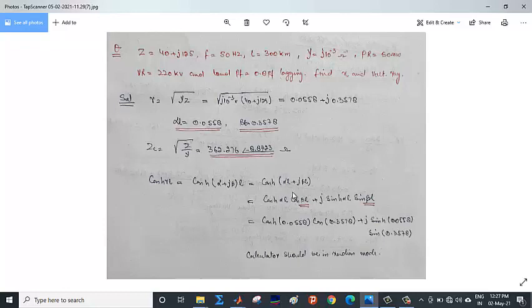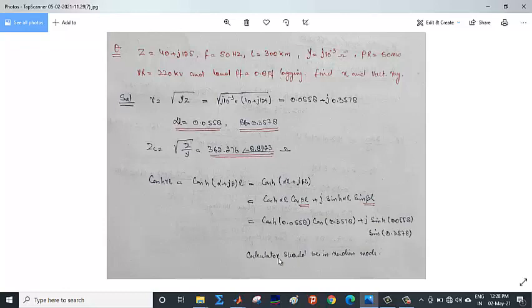I don't think these calculators have the capability of calculating the hyperbolic functions and these complex functions. So you can use this formula to convert it like this. So cosh 0.0558 into cos of 0.3578 plus j sinh 0.0558 into sin 0.3578. It is given over here.